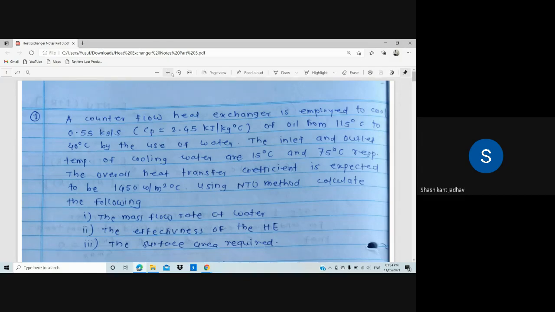Then the inlet temperature of the hot fluid is given, that is Th1 is equal to 115 degrees Celsius, and the outlet temperature of the hot fluid, Th2, is 40 degrees Celsius.